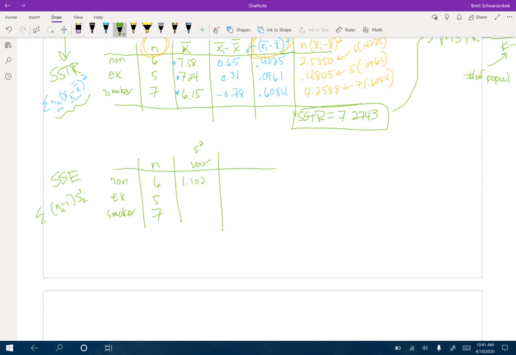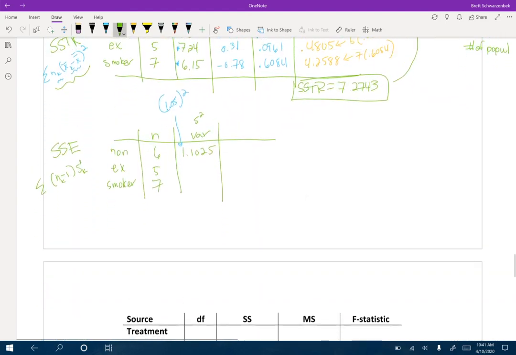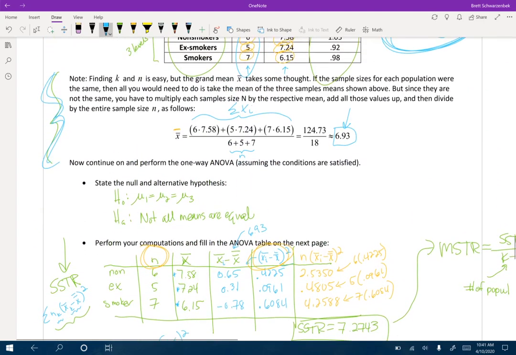I'm going to write an arrow here. So this is 1.05 squared, right? Then the next value is going to be 0.92. If we square 0.92, we're going to get 0.8464. So this is 0.92 squared.